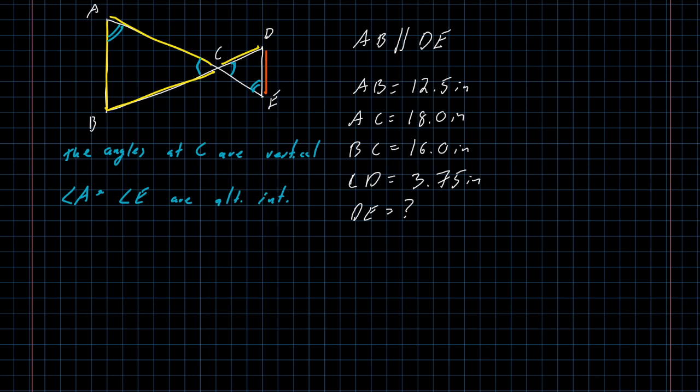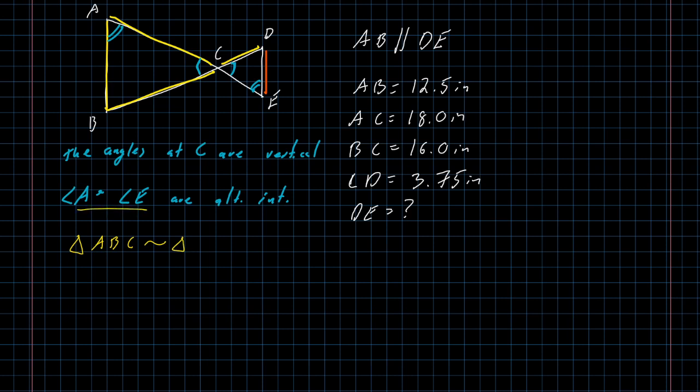similar triangles. I have two triangles. The first one I can name however I would like. So I'm going to name it in alphabetical order and call it triangle ABC. That's going to be similar to another triangle. All right.